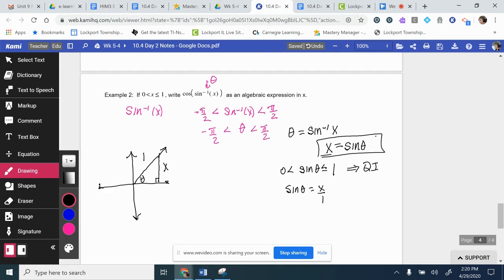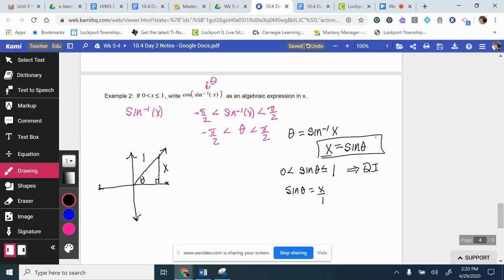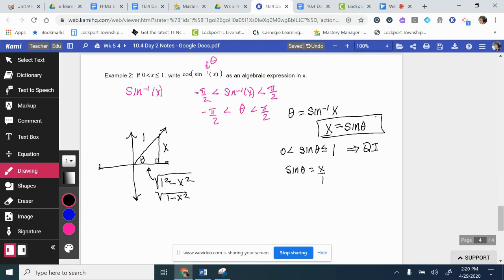And now all I need to do is figure out this missing side, and I can write my cosine of this value. I'm going to do that just like we did in the previous problem, using the Pythagorean theorem. This is 1 squared minus x squared. Take its square root, so my expression is the square root of 1 minus x squared.